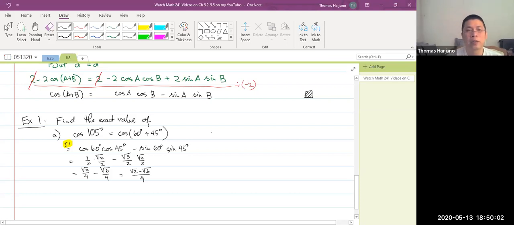Now, how about, for example, part B, let's say, what is sine pi over 12? Pi over 12, that's not a special angle, but we still can find the exact value, because I realized that pi over 12 is 4 pi over 12 minus 3 pi over 12, which is sine of pi over 3 minus pi over 4.